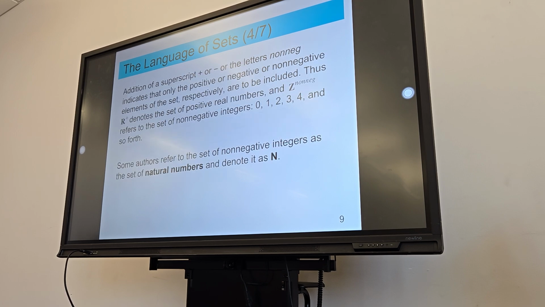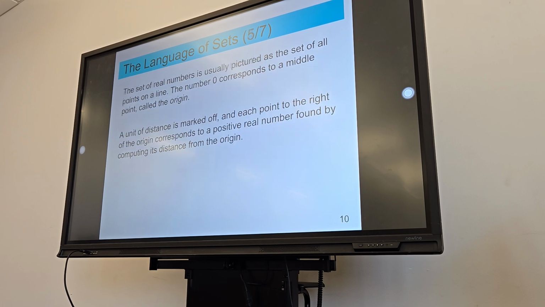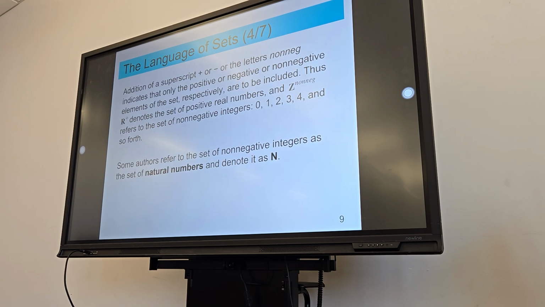The addition of a subscript or superscript, plus or minus, or the letters non-neg, indicate that only positive, negative, or non-negative elements of the set are to be included. Thus, R plus denotes positive real numbers. Z non-neg refers to non-negative integers, 0, 1, 2, 3, 4, and so forth.